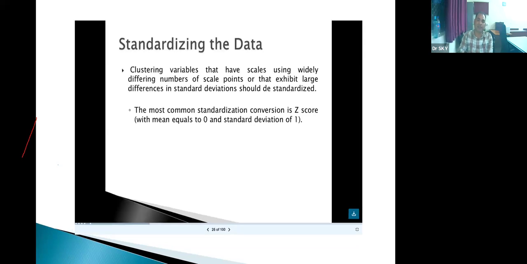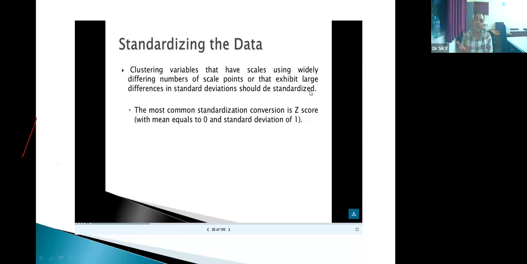Now standardization of the data is very important because we deal with different types of variables with different measures, and we cannot compare them if they have different measures. So clustering variables that have scales using widely differing numbers of scale points, or that exhibit large differences in standard deviation, should be standardized.